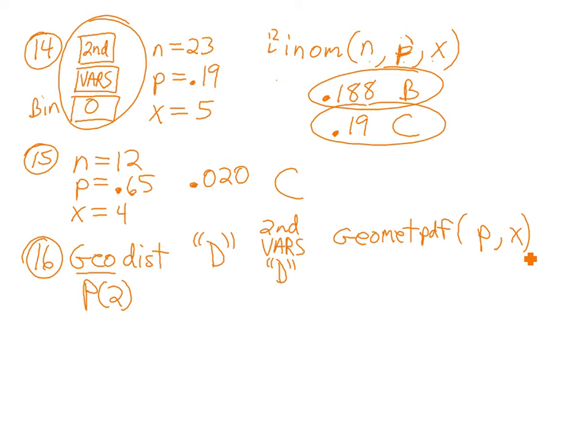So when you punch it in, you're going to punch in 0.88 and 2. And when you do that, it comes up to 0.1056, and that's letter C.